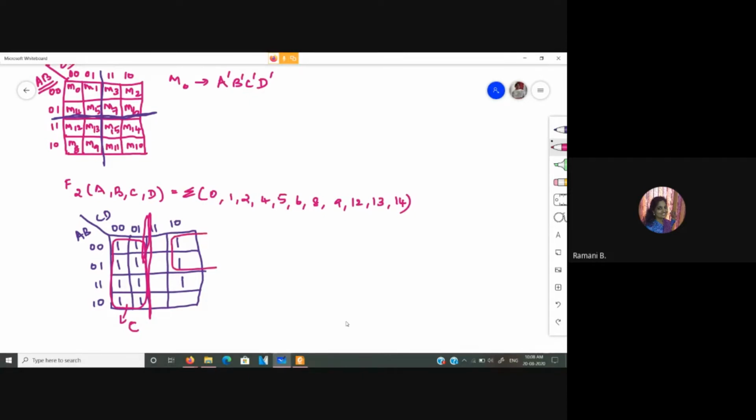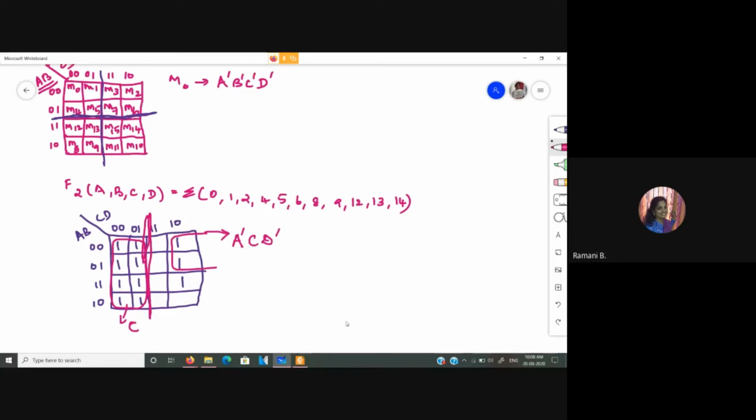Here I am going for overlap because if I write this simply as a pair, with only these 2 ones, my expression will be A is equal to 0 is the common one, B is equal to 0, 1, 1. So I will not have that. So A is equal to 0, so A bar, and here C is equal to 1 and D is equal to 0. This is what I am going to have, right?